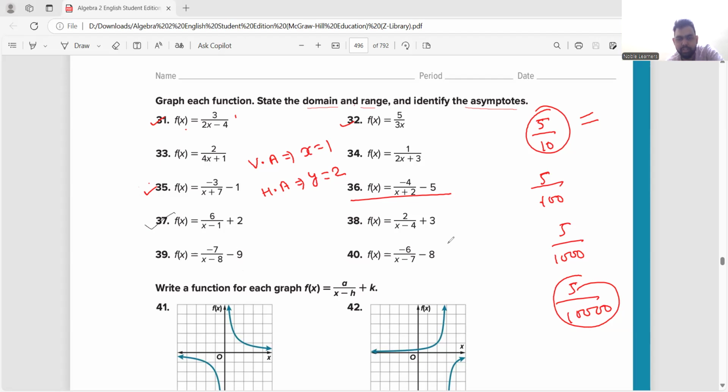Y equals minus 9. Then y equals minus 8. You understand my point how to do this, right? Yeah. So since you know the vertical asymptote and the horizontal asymptote, tell me the domain and range.